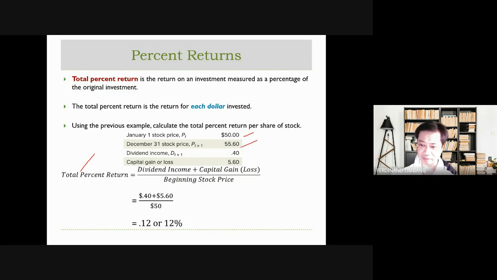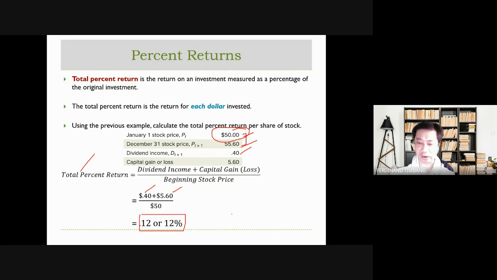So meaning there's a capital gain of how much? 5.60, yung difference nitong dalawa. And then you have the dividend income, which is 0.40. So you have the 0.40 plus 5.60 divided by 50, kasi ito yung amount of investment. So we have now the 12%.